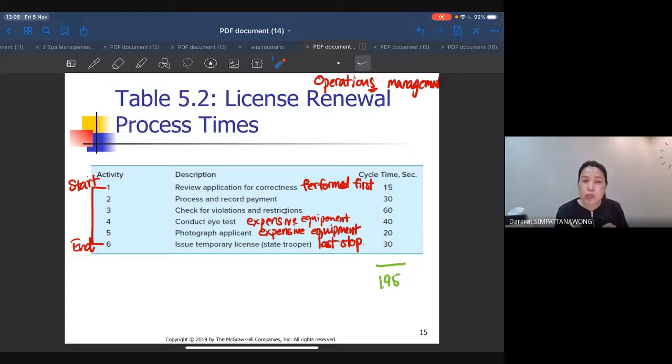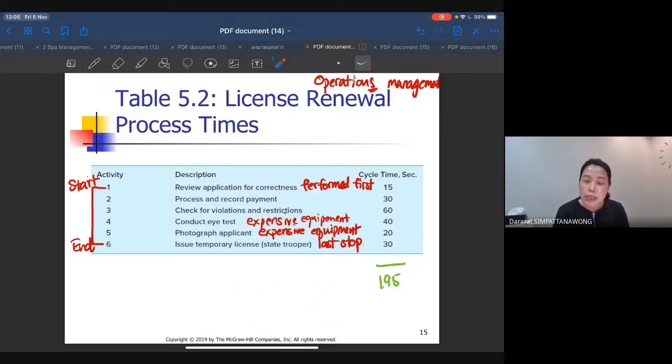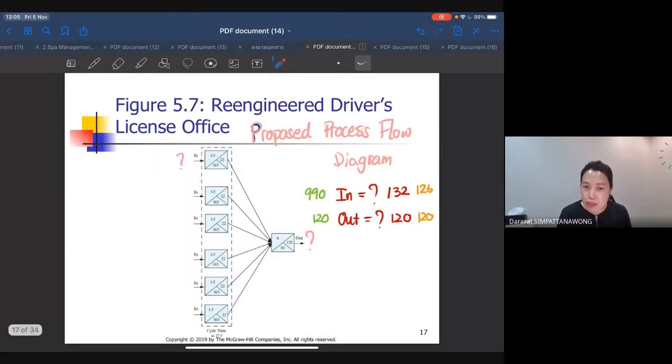These conditions give you the opportunity to re-engineer the process. In other words, it's a way to improve the quality of the service, in terms of reducing the cycle time or increasing the capacities. In this case, we would like to increase the capacities.